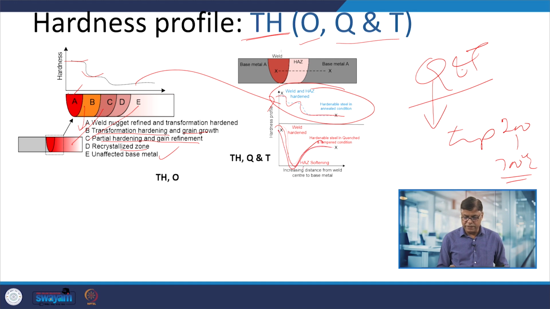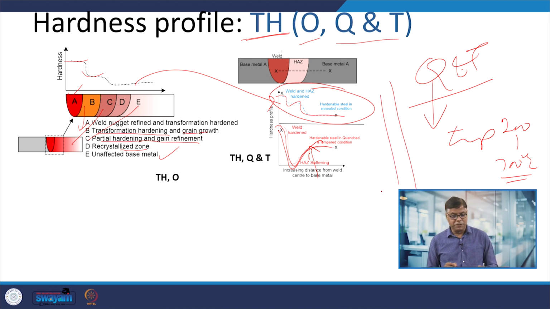This softening is attributed to the over tempering of the quenched and tempered steel. So, it is not necessarily that the HAZ will get hardened, but it can get softened also, especially when the steel is being welded in Q and T condition, quenched and tempered condition.